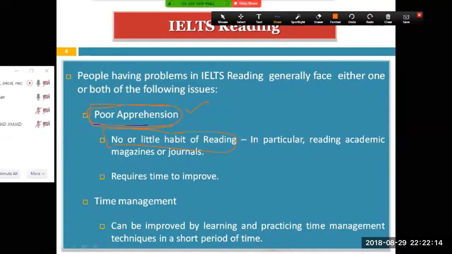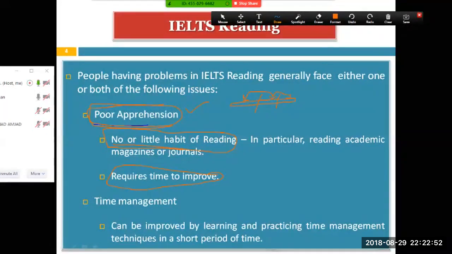To improve this takes time. And I have been trying to improve your reading comprehension by telling you how I read. I divide the longer sentences into smaller parts and try to understand the meaning of each and every word, right? But this requires at least 2 to 3 months of practice.